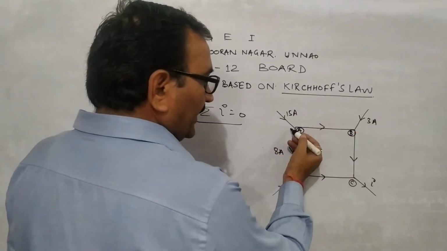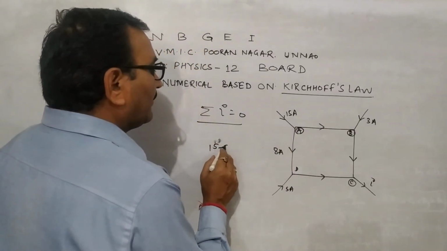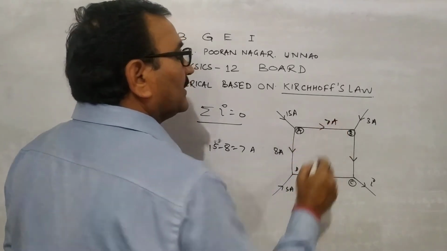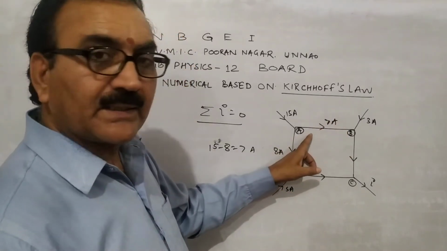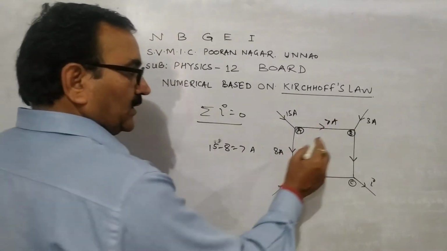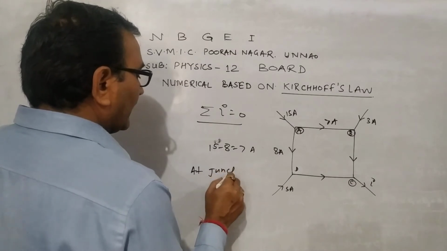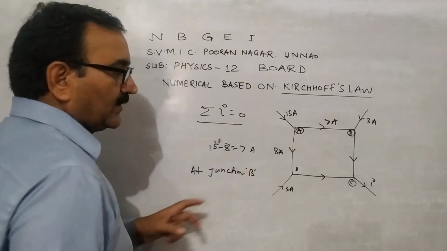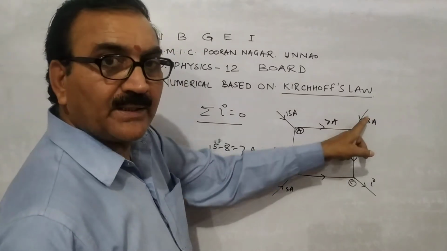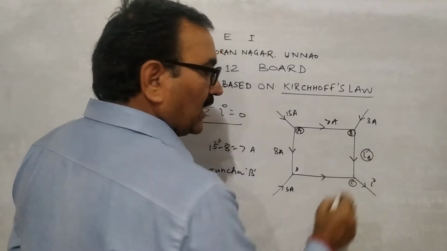So here, very easily you can calculate 15 minus 8, that is 7 ampere. So this is the 7 ampere current. 7 ampere current reaches the point B. Clear? At the junction B, 7 ampere is incoming, 3 ampere is incoming, and this is IB, outgoing.